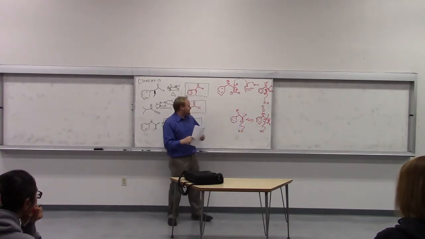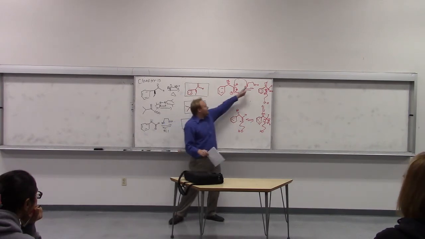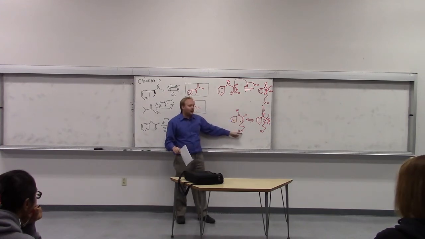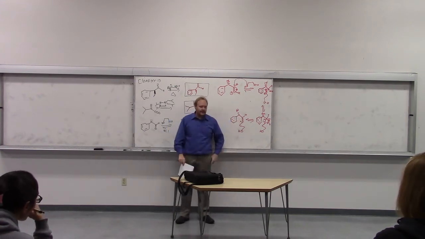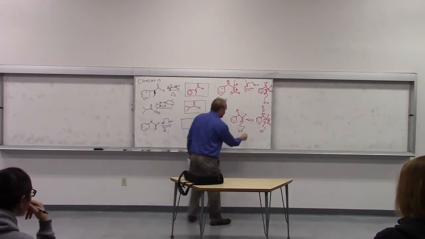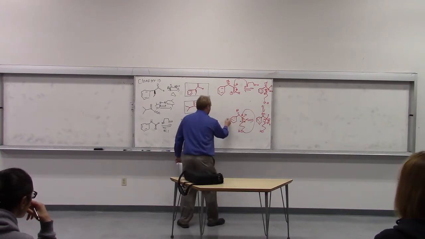And now, since we have this oxonium again, what's more likely to happen? Another equivalent of this alcohol to add in, or this alcohol that's already tethered to it to add in? The tethered one. Intramolecular every single time. So add in.